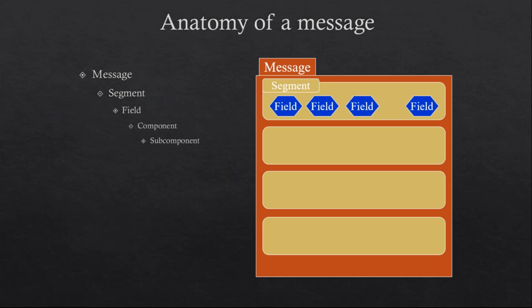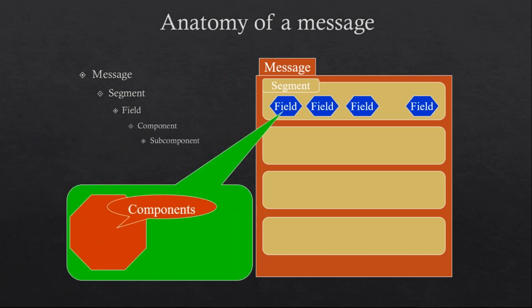Each field will hold a specific data element. For example, name is present in one of the fields that we are seeing here. One field will indicate one data element, and fields are further broken down into components and subcomponents. Within name, we'll have first name and last name, which are two different components altogether.